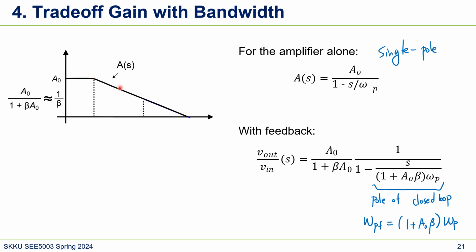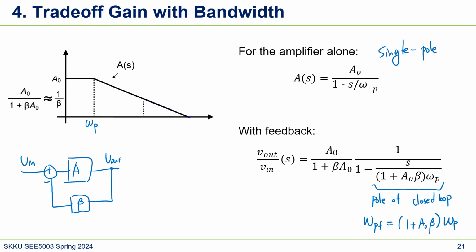This is our A(s), which is the amplifier, and then this will be w_P, right? But if you see the closed loop, which is V in, V out, closed loop gain is V out over V in.